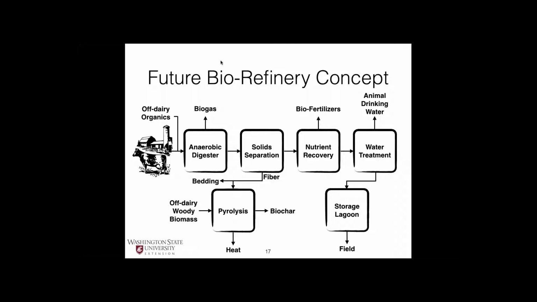One that we're looking at here at WSU is the pyrolysis process. So we can bring off-dairy woody biomass in, combine that with the fiber, produce biochar, produce usable heat for other processes, and then we can strive for some applications on the water treatment, such as animal drinking water, and then going out into the remaining for fertigation or for field use.